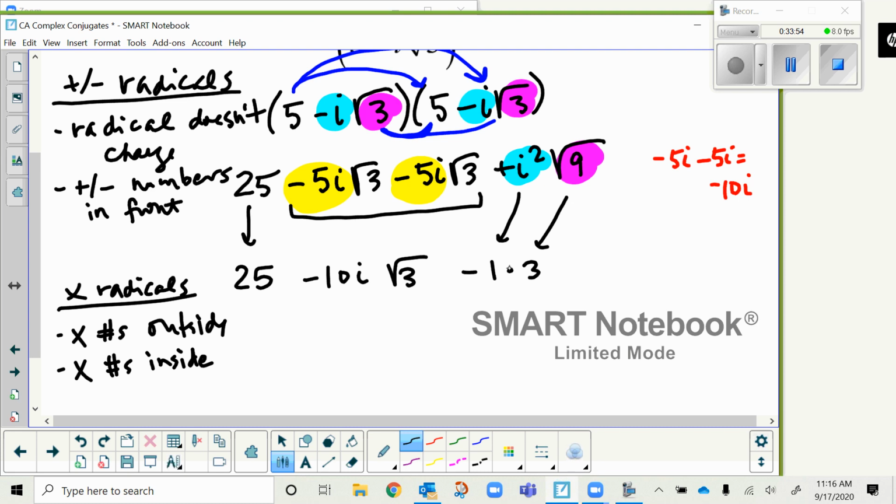It's a multiplication because it was i squared times the square root of 9. So those simplify to negative 1 times 3. And so I only have one more step here. This 25 can now combine with this negative 1 times 3, which is negative 3. Those give me 22.